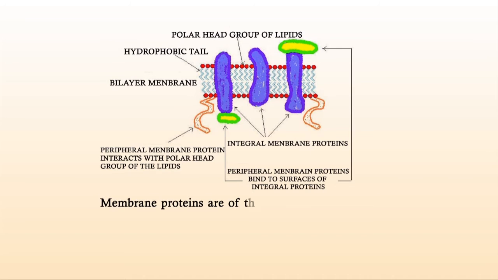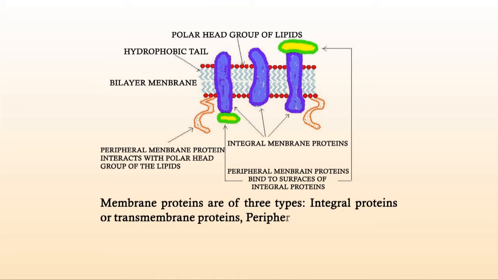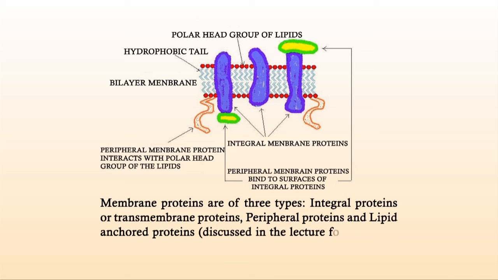Membrane proteins are of three types: integral proteins or transmembrane proteins, peripheral proteins and lipid-anchored proteins, as discussed in the lecture for chemical components of membranes. Since the amino and carboxyl groups in the polypeptide backbone are polar in nature, they must be neutralized in the region of the polypeptide chains that passes through the non-polar hydrophobic core of the membrane.